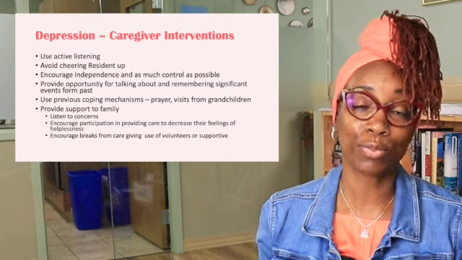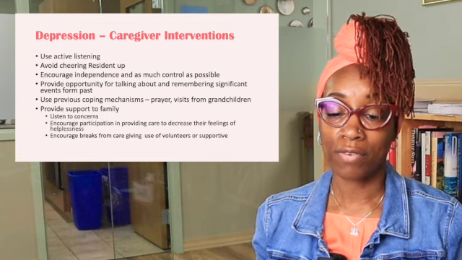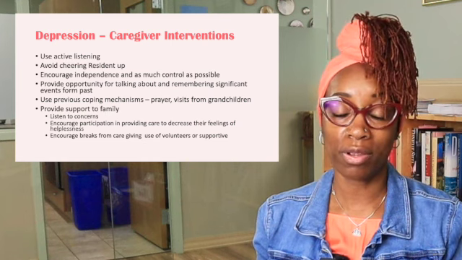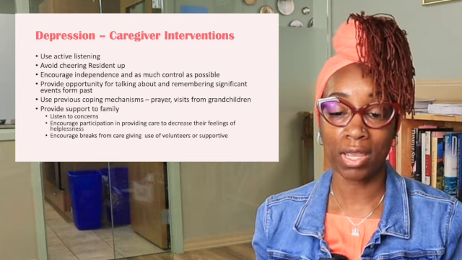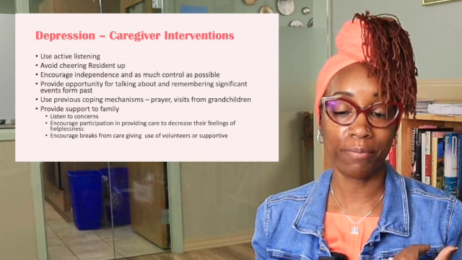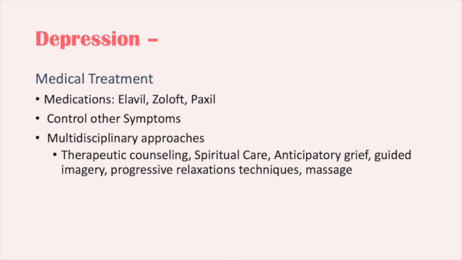And a lot of times that's what happens with our residents that may have caregivers at home. They sometimes get to a point where they are not able to physically and or mentally provide that care, and then they're seeking somewhere like Grace House to have their loved one come. So medications that can be used to help with depression: Elavil, Zoloft, Paxil.